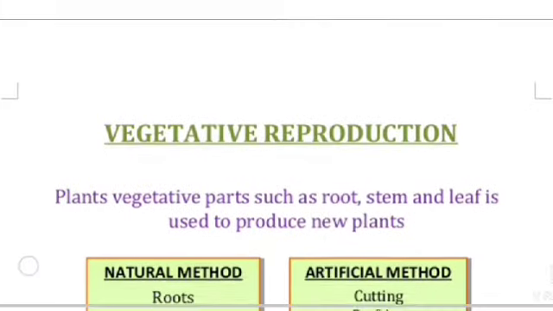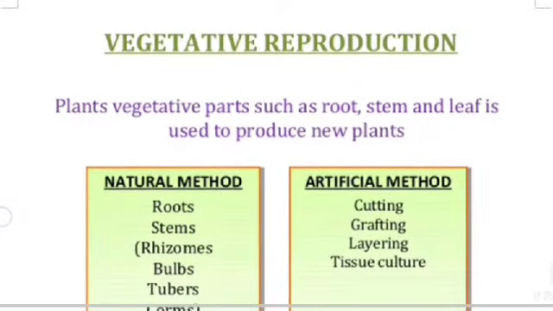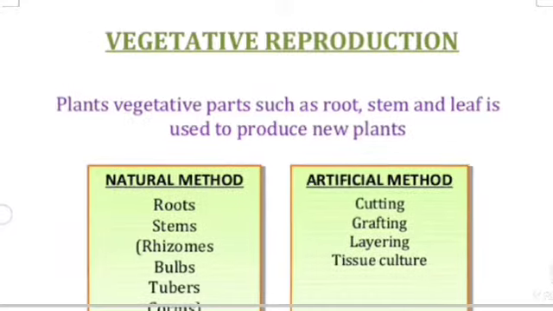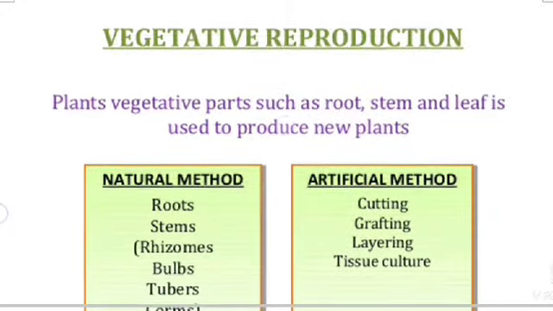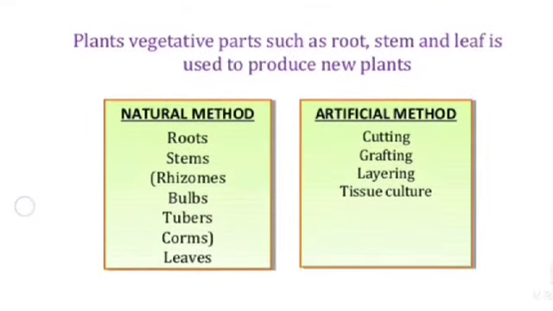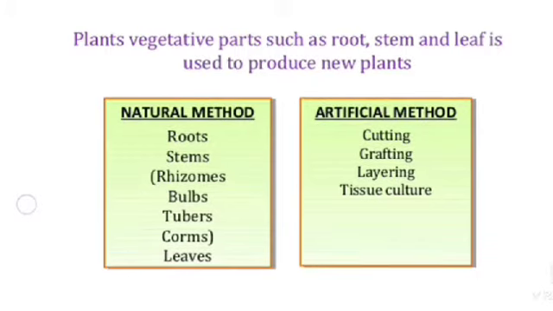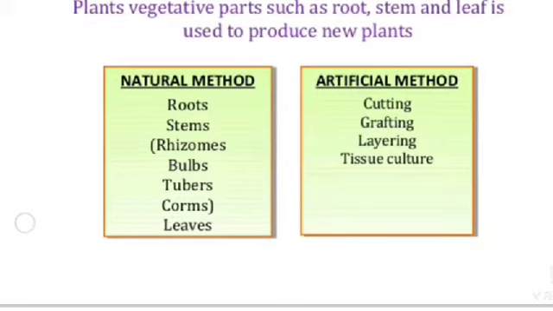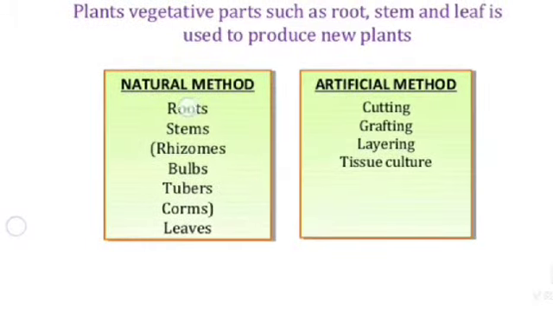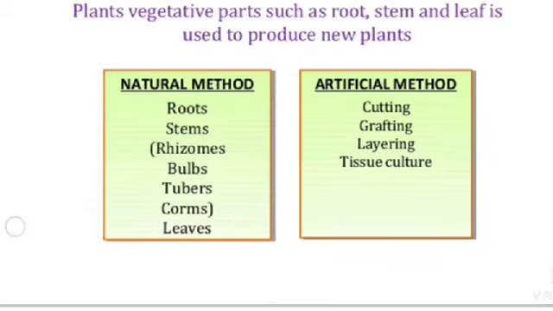Vegetative reproduction. The plant's vegetative parts such as root, stem and leaf are used to produce new plants. It is divided into two methods: one is the natural method and another is the artificial method. Natural method: roots, stems such as rhizomes, bulbs, tubers, cones, leaves.